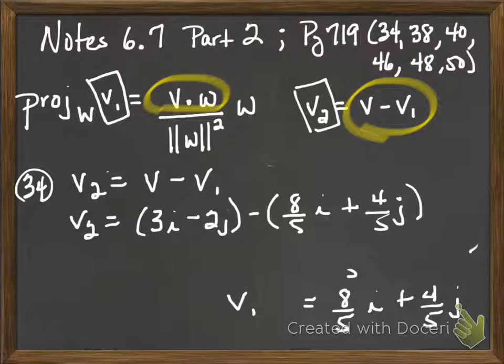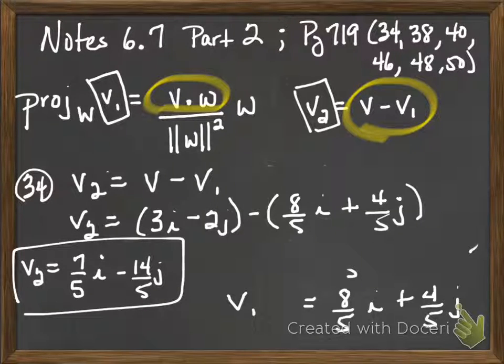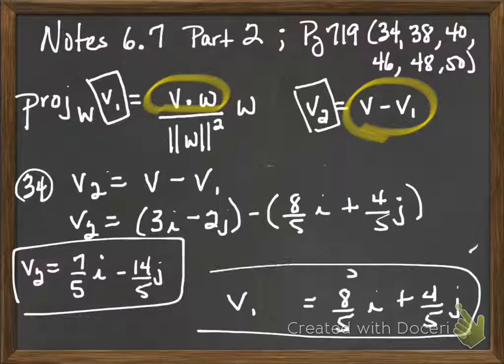So 3 minus 8/5, you can do that in your calculator. That is 7/5. And negative 2 minus 4/5, that'd be the same as negative 10/5 minus 4/5, that would be negative 14/5. So they want you to find V sub 1, and they want you to find V sub 2. That's what you're doing in that set of directions.